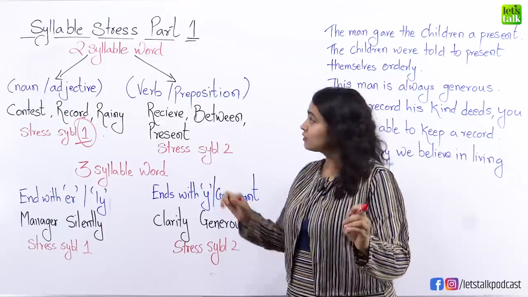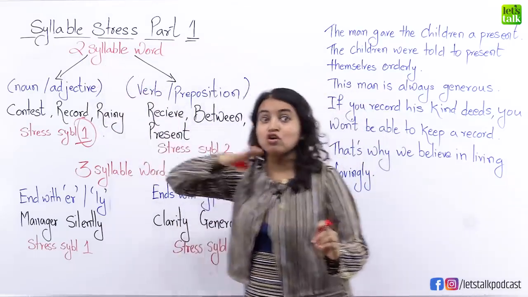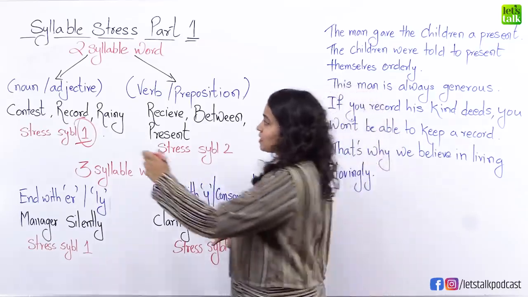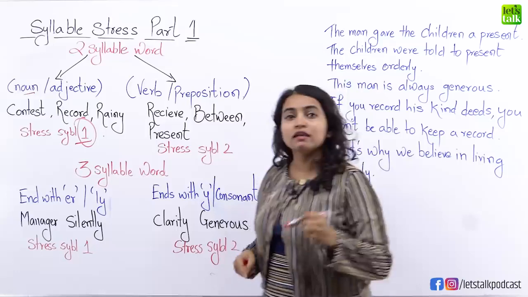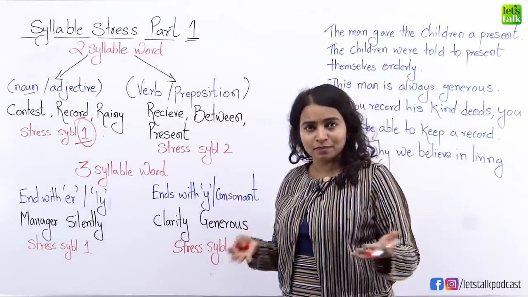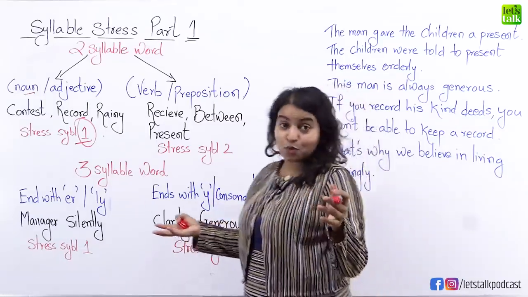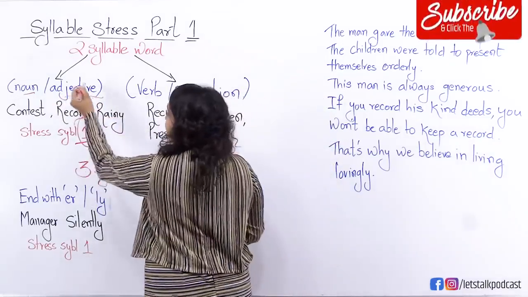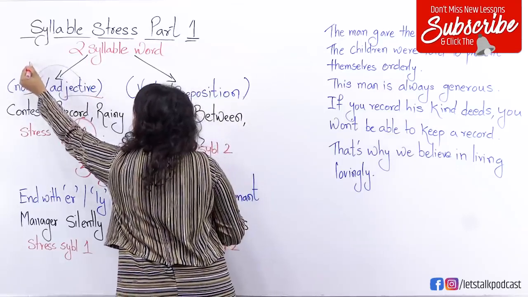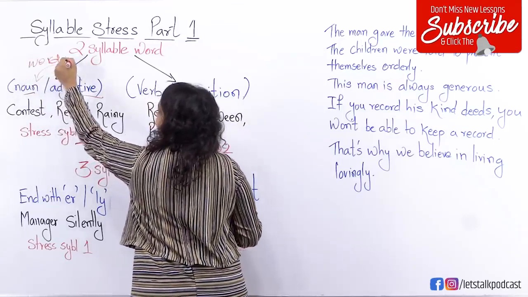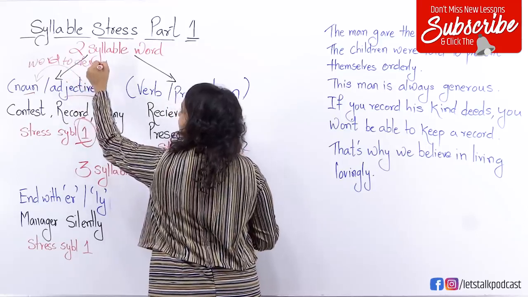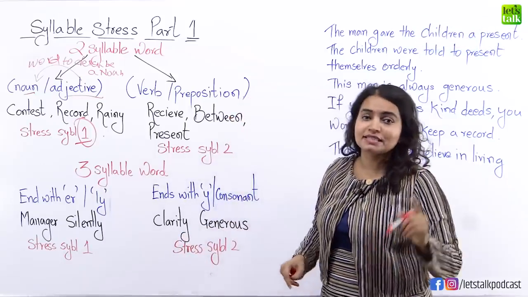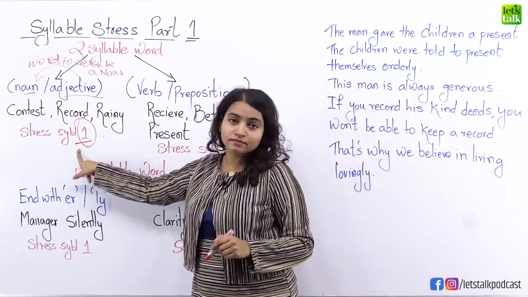If the word has got 2 syllables, which means your jaw drops twice while you say it, and if that 2-syllable word happens to be a noun, which could be a name, place, animal, or a thing, or if it happens to be an adjective, which is a word to describe a noun, then you will stress syllable number 1.